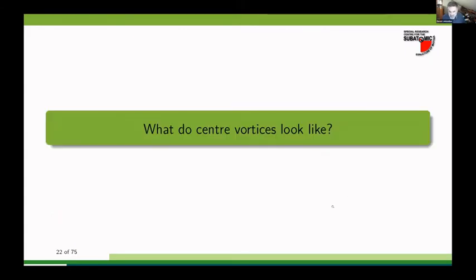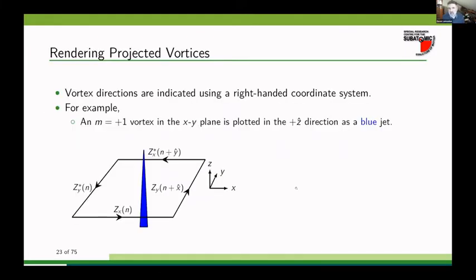Okay, so let's get to what do these things look like. So I need to render this information. So what I'm going to do is I'm going to render vortices with these jets. So I'm going to use a right-hand rule. So if I've gone around a plaquette here in the X and Y directions, and I found an m equals +1 vortex, I'm going to then render that in my illustration with the jet pointing in the Z direction, and I'm going to make it blue.